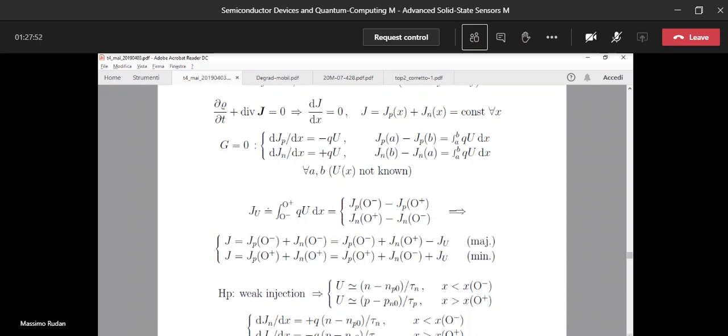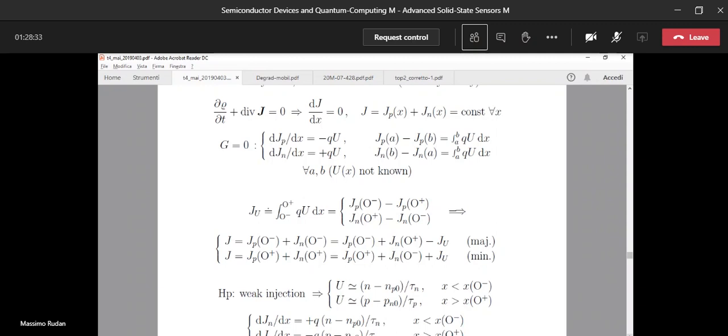We can also do the opposite. If you look at the second line, we have, for instance, we start with calculating J at O plus, and then we replace Jn of O plus with Jn of O minus plus Ju. In this case, Jp is calculated in O plus, that is in the N region, so the holes are the minority carriers. And similarly, Jn is calculated at O minus, that is in the P region. Again, Jn is a minority carrier current, okay?